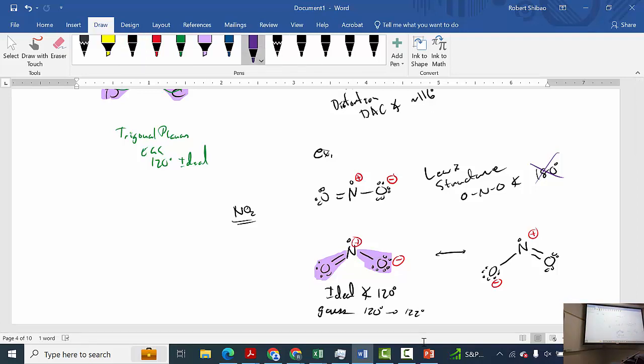For the MG, did I write the MG? No, I didn't write the MG. What is the MG called? Bent. Bent at 120 ideal or 122 distorted.